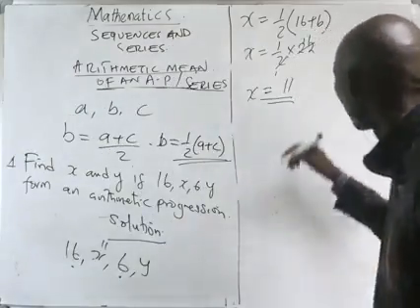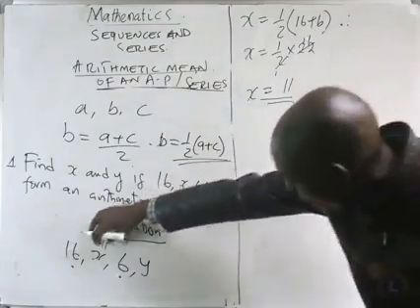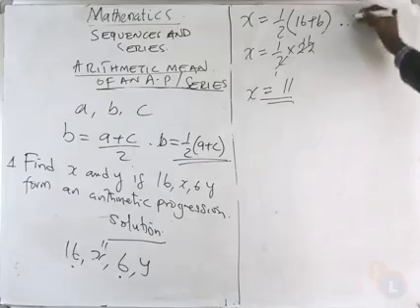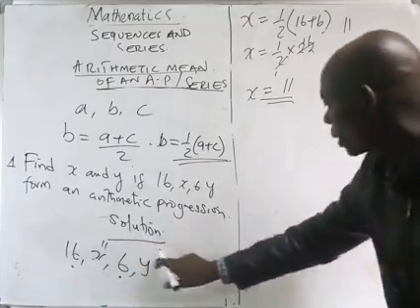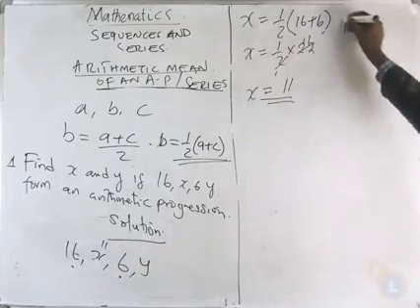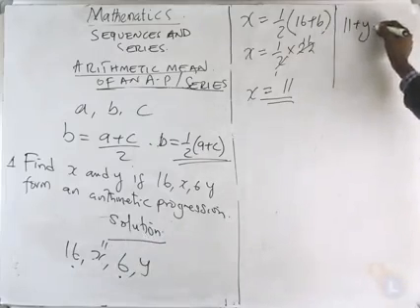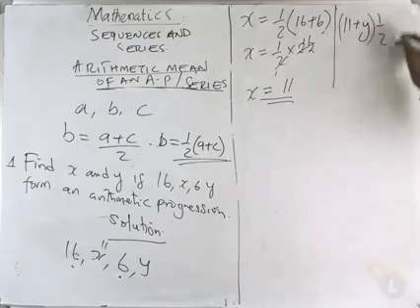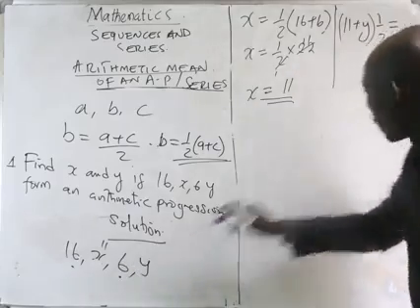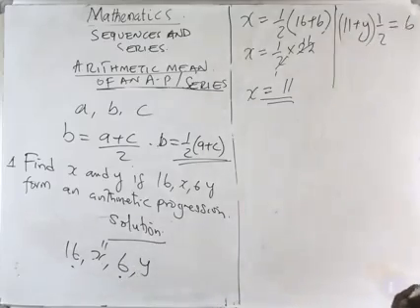So we add 11 plus y, then divide by 2, and that should be equal to 6.